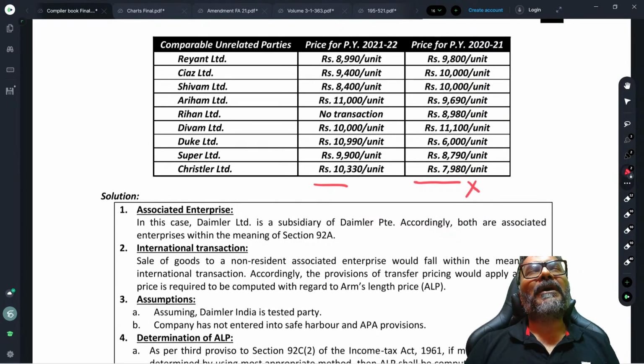On what basis, students, will you arrange the data set? In the ascending order, students, you are going to arrange the data set.